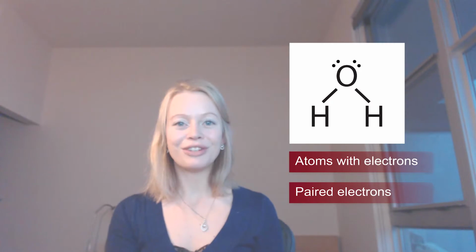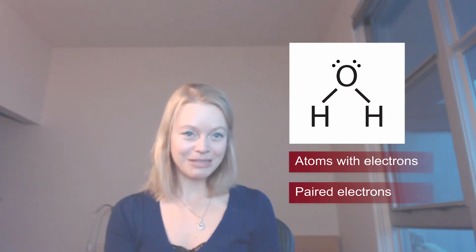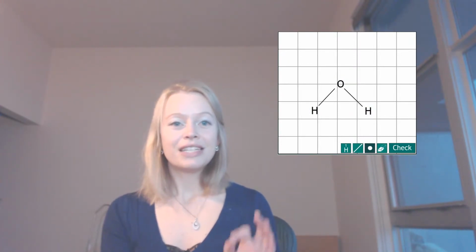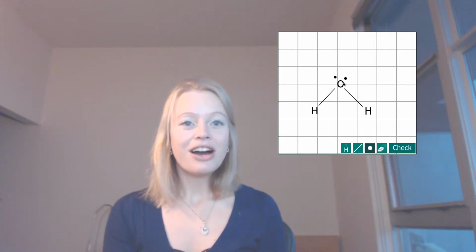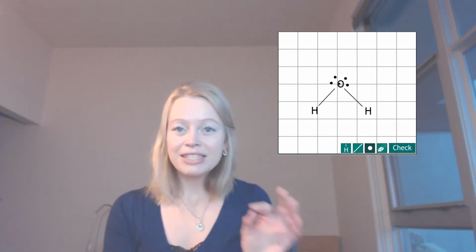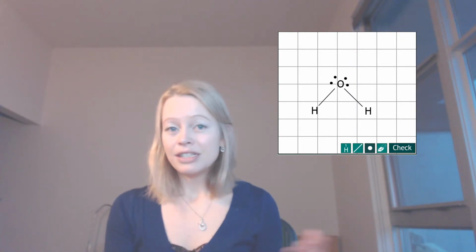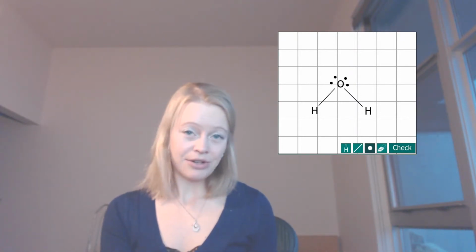Also, students have to learn to show lone electrons as paired. Here's an early prototype of our Lewis component. So here, to add electrons, students activate a dot tool and then click on the atom to add dots, which then snap into place around the atom. Students here actually did not have to pair electrons.